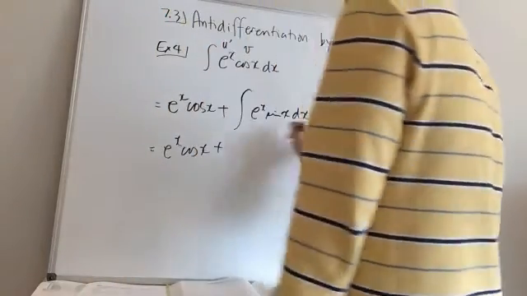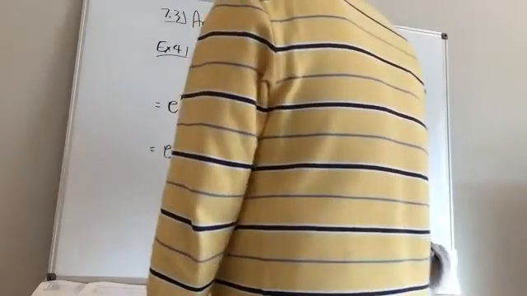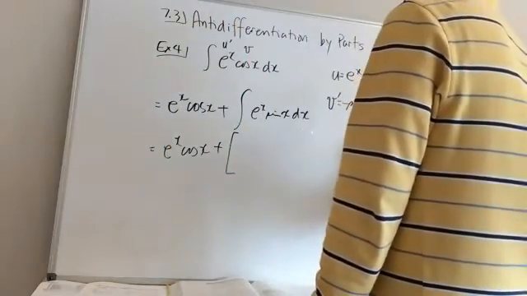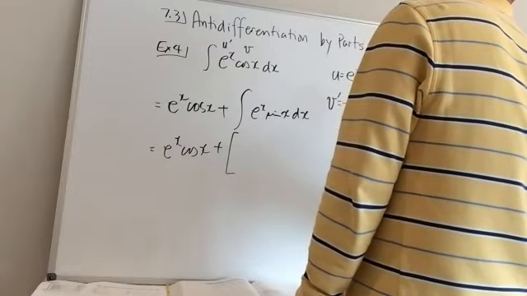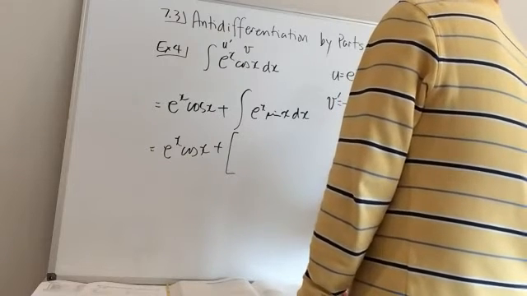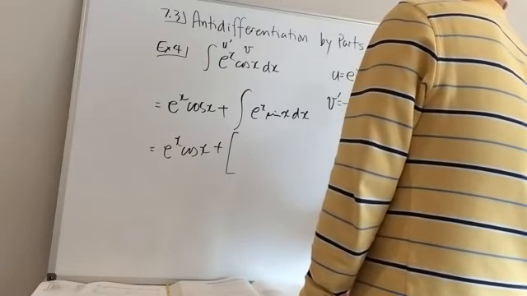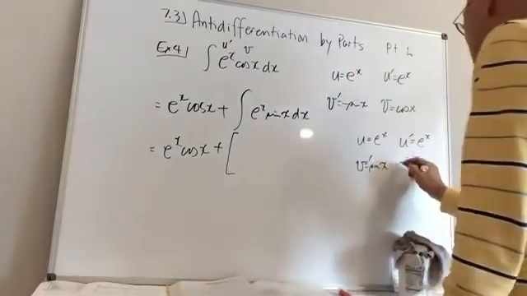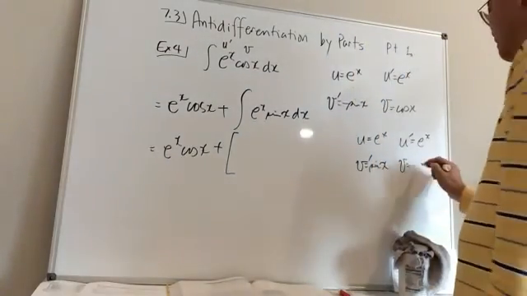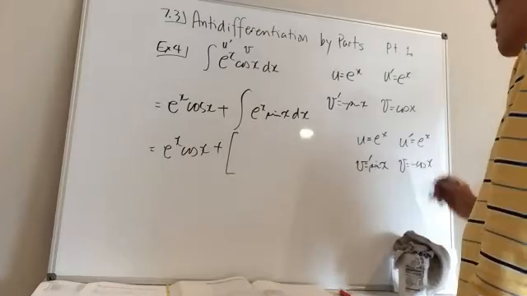Okay, so I'm going to do this now. So here again, u is equal to e to the x. U prime is going to be e to the x. V prime is going to be equal to sine x, which means that v is going to be equal to what? Negative cosine x.